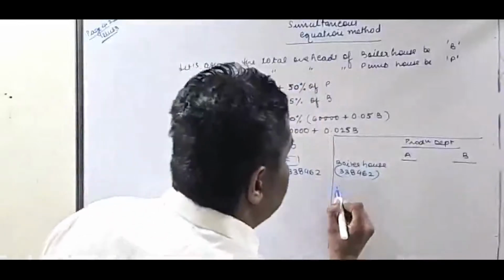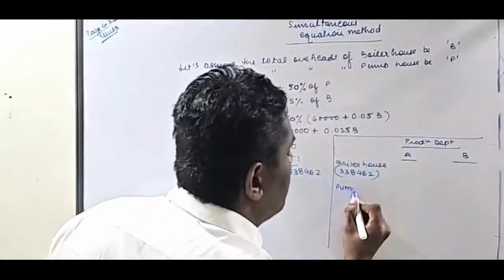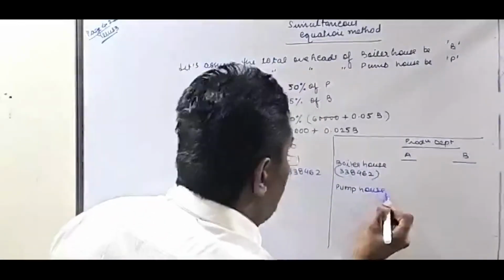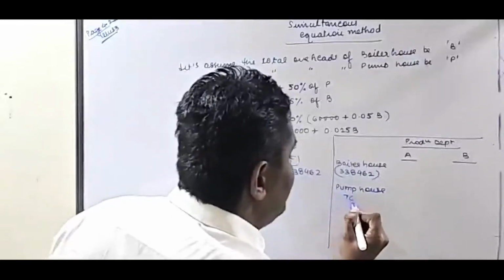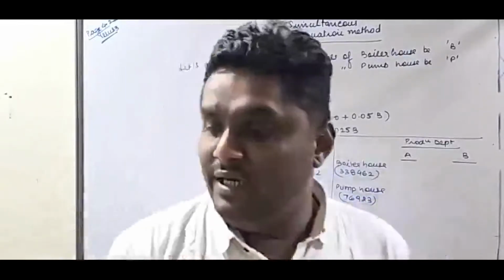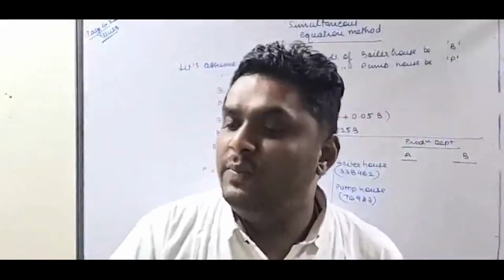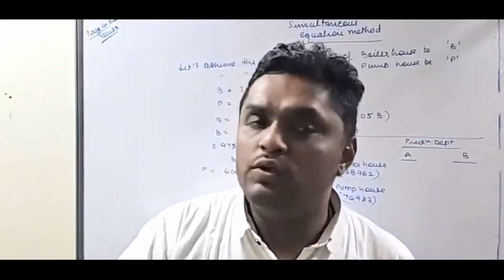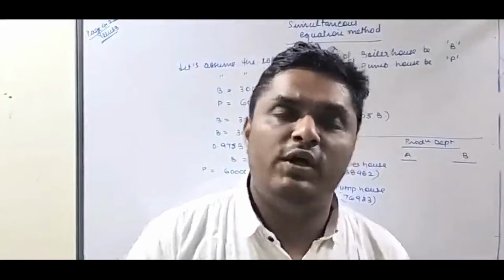And for pump house, it is 76,923. So of this 76,923, 50% has already gone to the boiler house. So we are left with 10% and 40%.